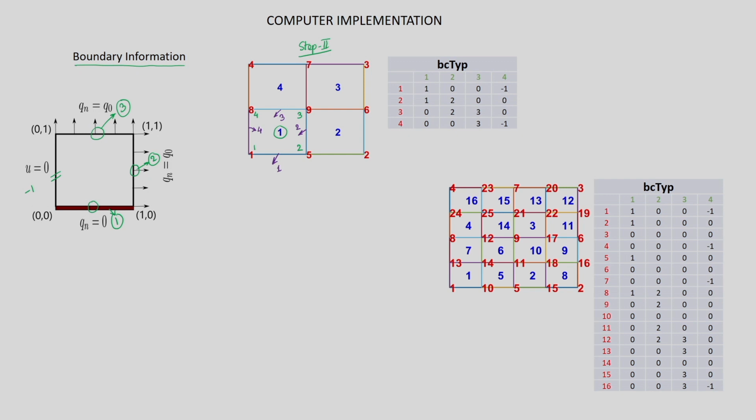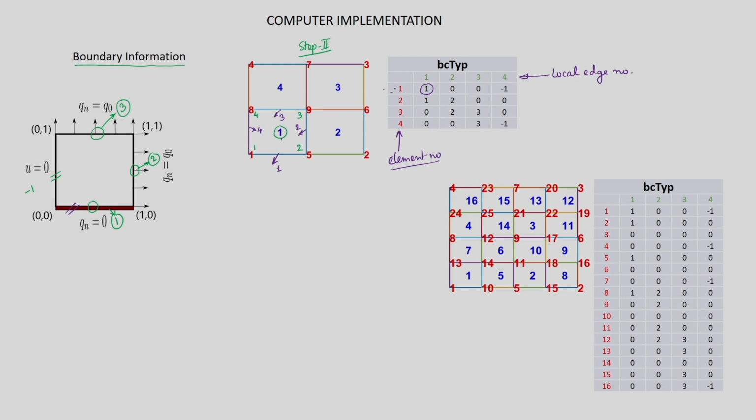Now the first edge of element 1 coincides with Neumann boundary 1. That is why the first entry is 1. So what does this column signify? The column signifies the element number in this case, and these are the local edge numbers.